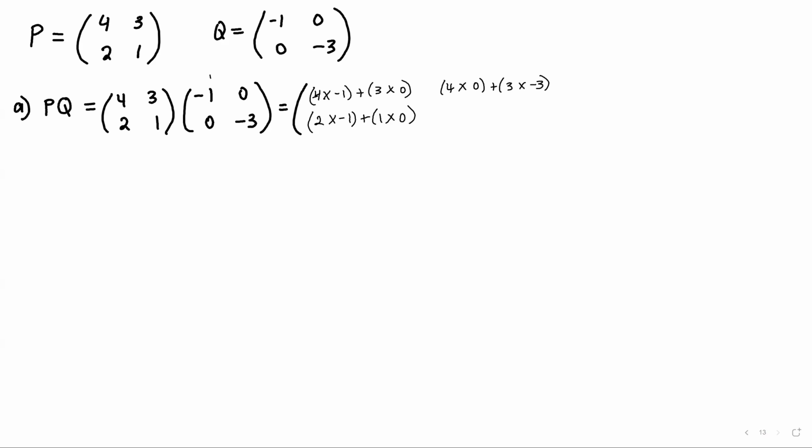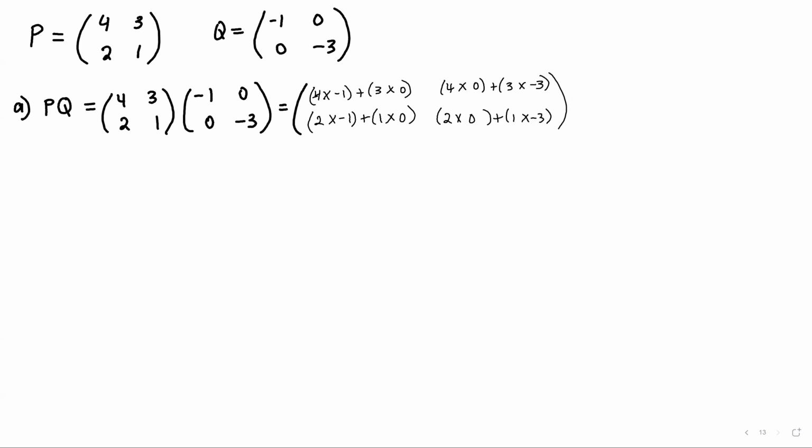Make sure it's matching on top, right? Because it's the same column, so these numbers will be the same. And then on the bottom, you have the same row 2, so it's still going to be 2 times plus 1 times, but now it's the column 2 values, which are 0 and -3. It matches with the one on top, see?